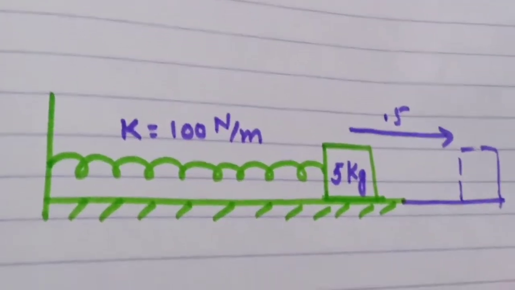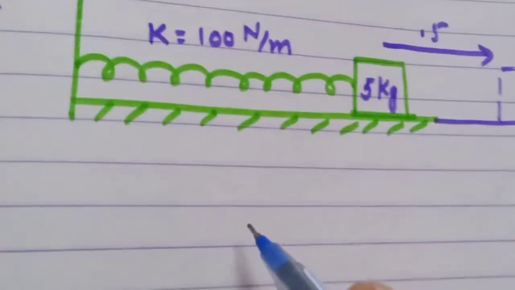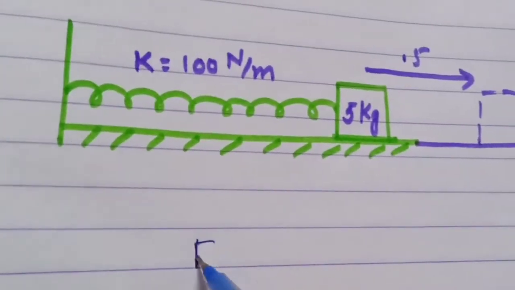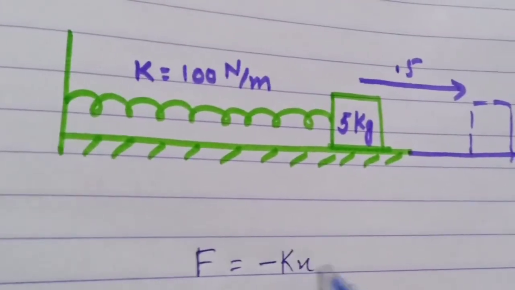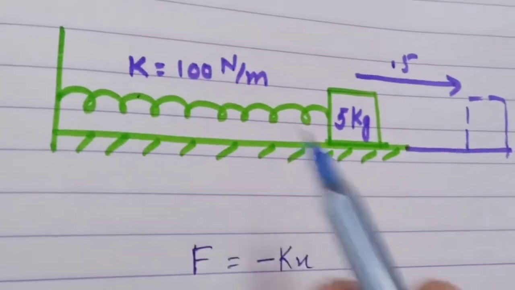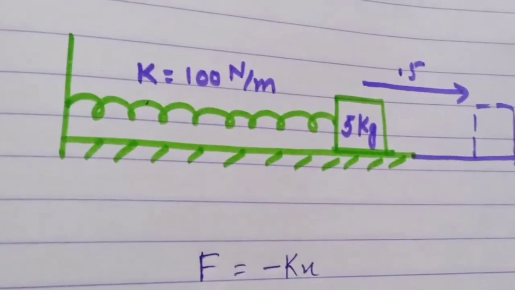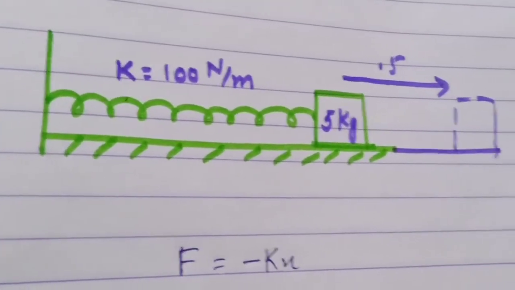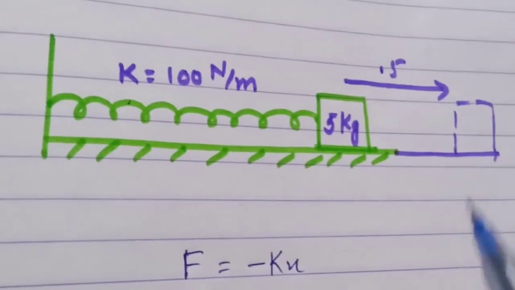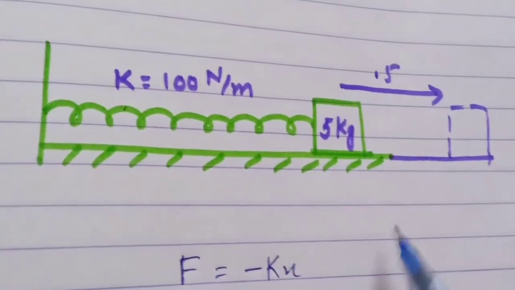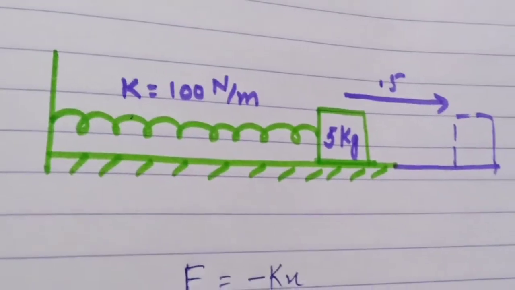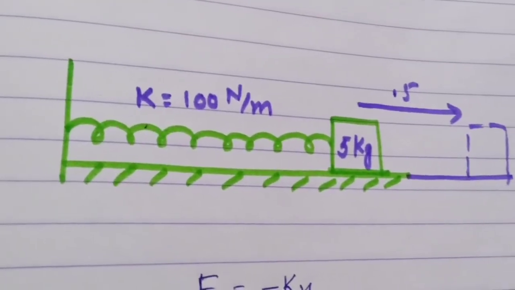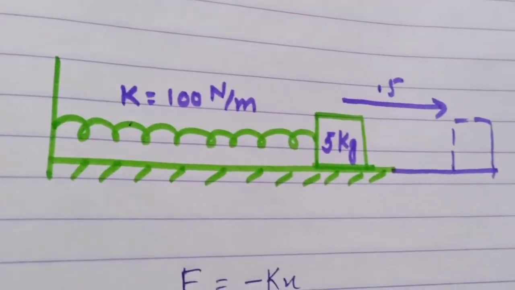So we apply the formula directly for this. F is equal to minus kx. The value of K is 100 Newton per meter, means 100 into the value of x is 0.5. The answer is 50 Newton.